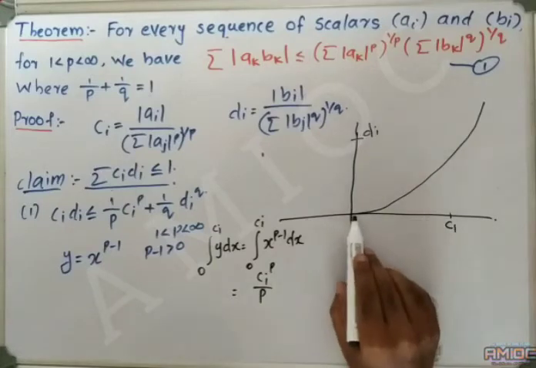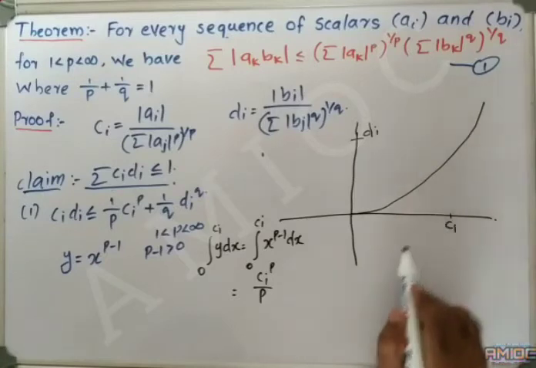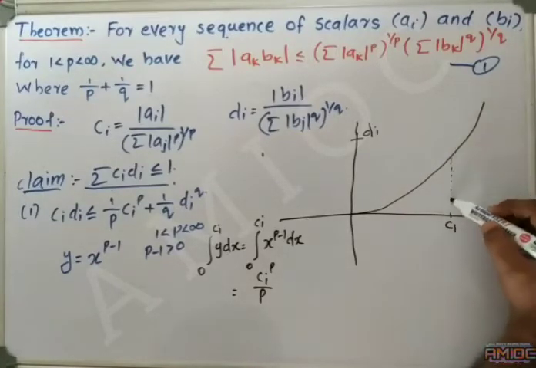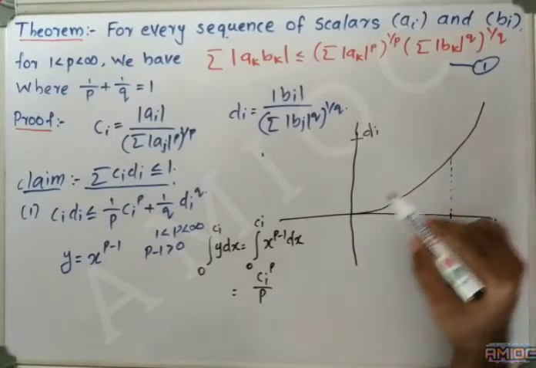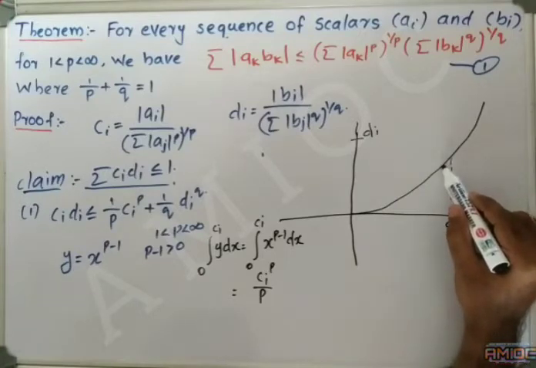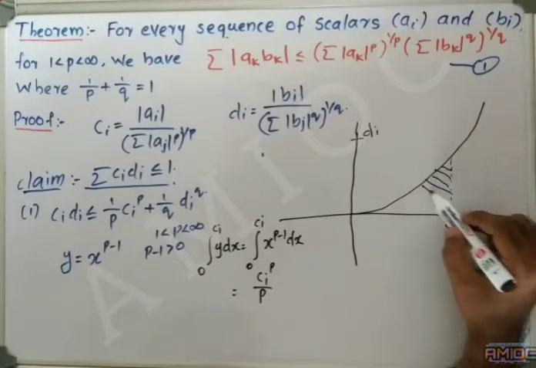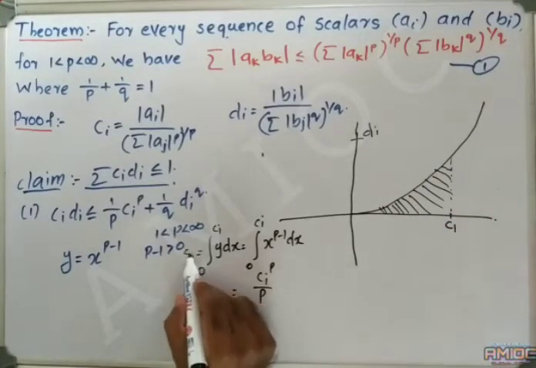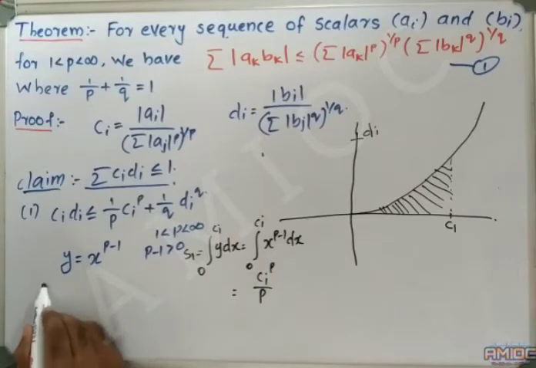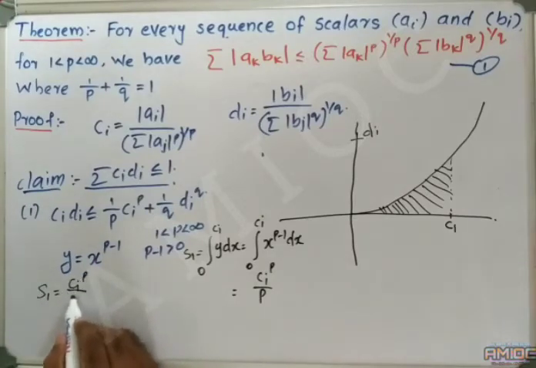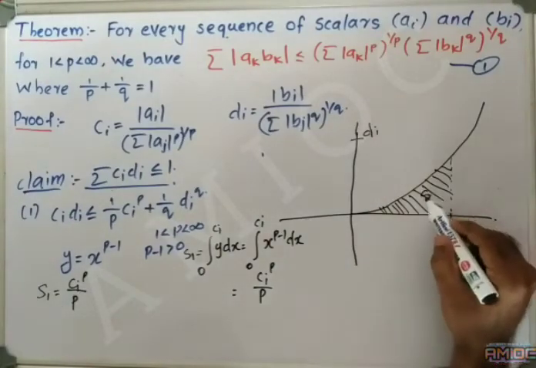That is, integrating from 0 to c_i along the x-axis, we get the area under the curve up to x = c_i. I am calling this value S1, so S1 is equal to c_i^p divided by p. This is the area.